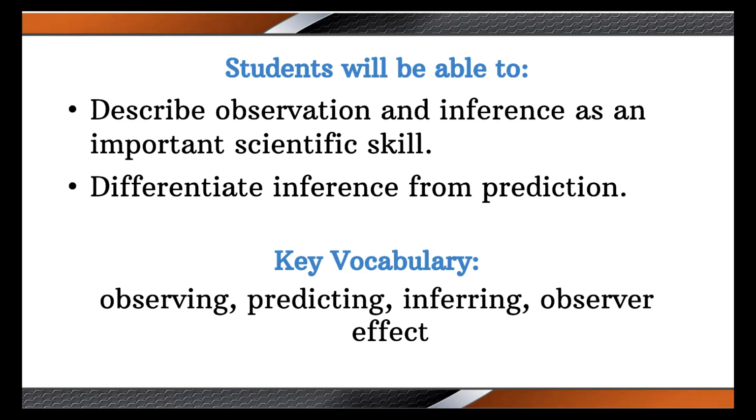When it comes to the end of the semester and you have the semester exam, it's going to show up there. So it's wise to start keeping a running list of all of the terms that we're going to use. The terms that we're going to use today are observing, predicting, inferring, and observer effect. We're also going to throw in a few other ones, so you can add those as we move through here.